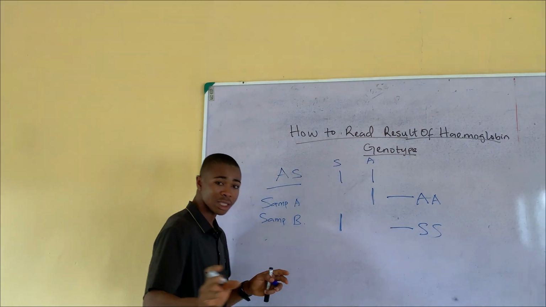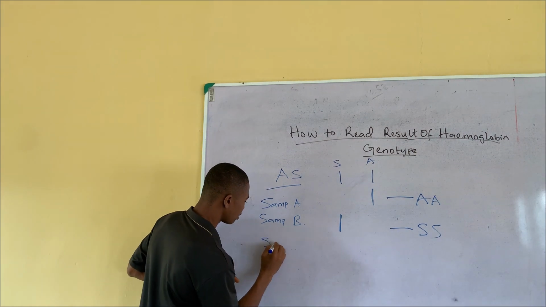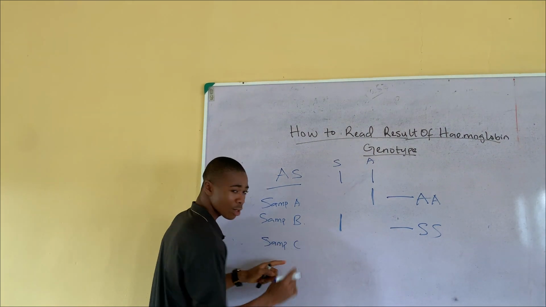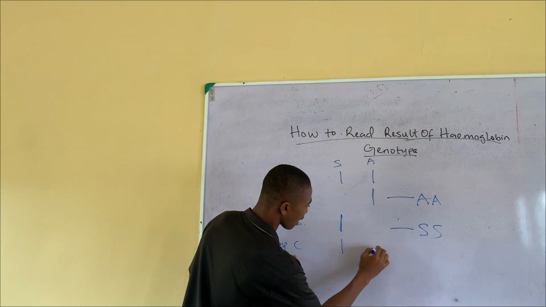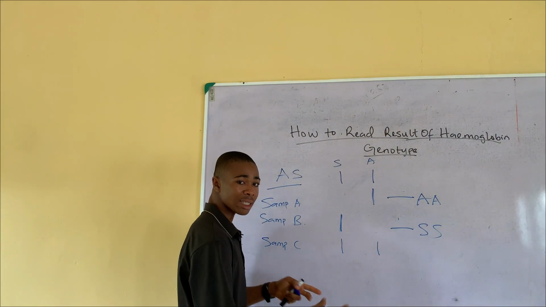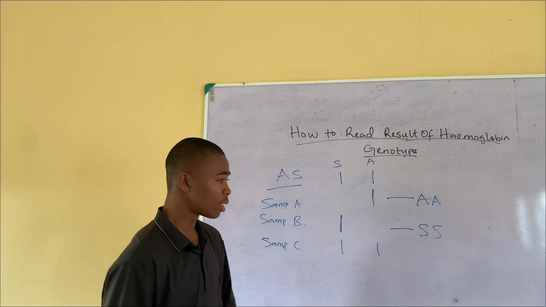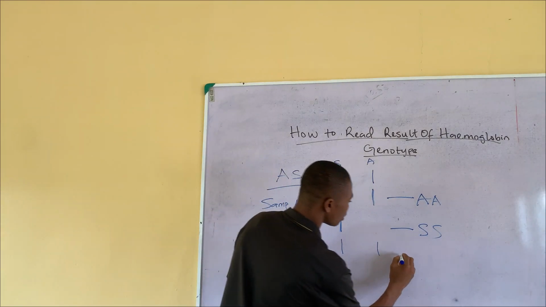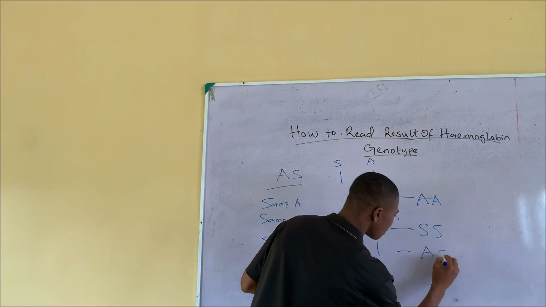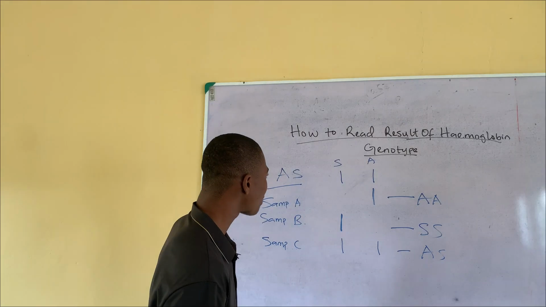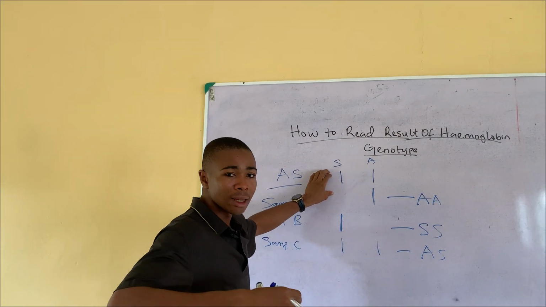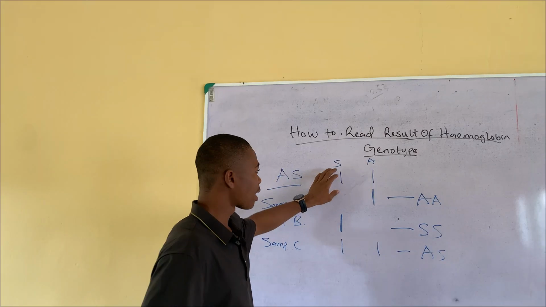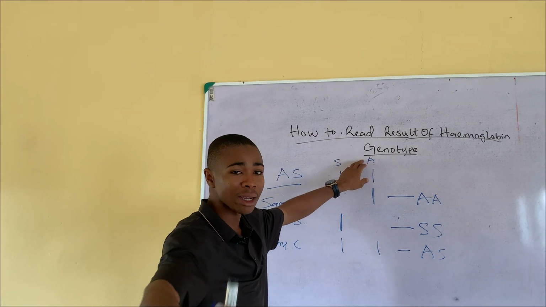For instance, where you have sample C, and its migration comes like this and this. It has a double migration, that's a double band. So it will tend to be AS, because there's a double migration and this migration falls under S and A, because S has a slow migration and A has a faster migration.